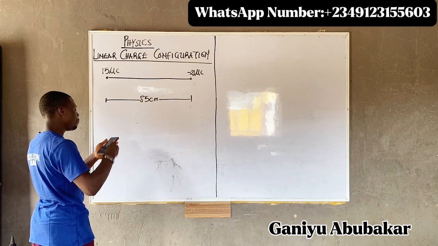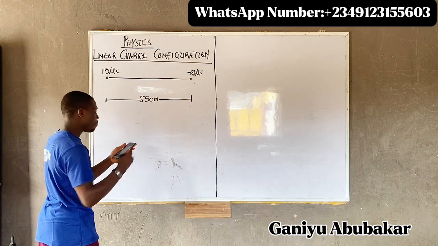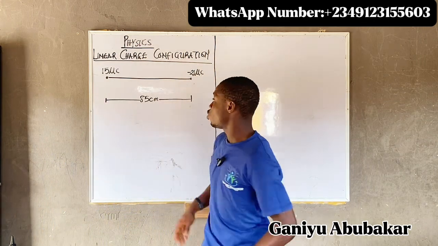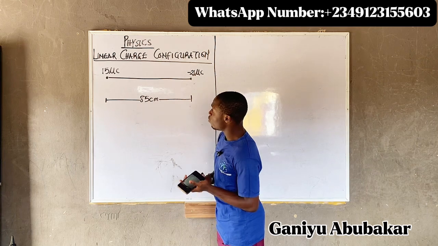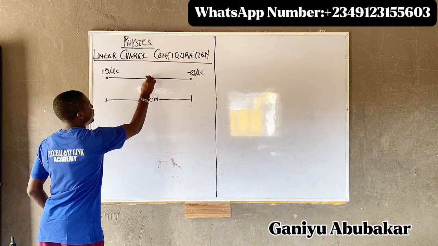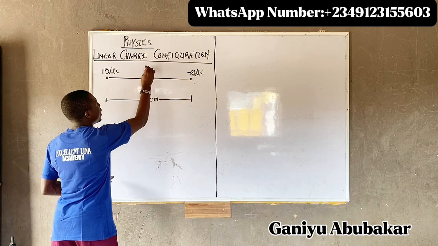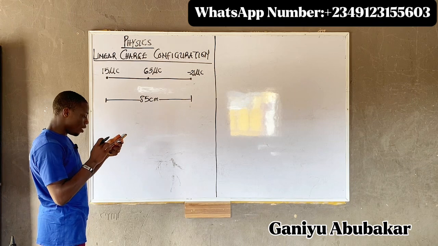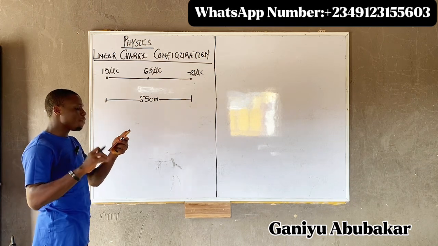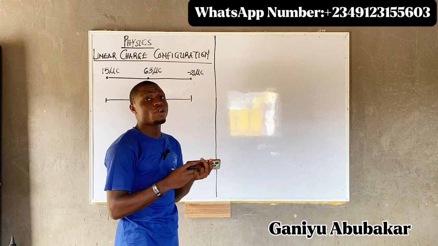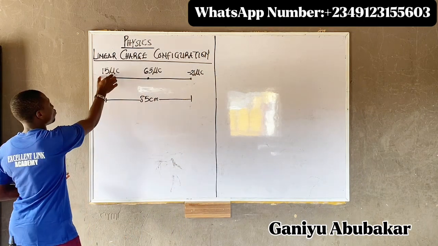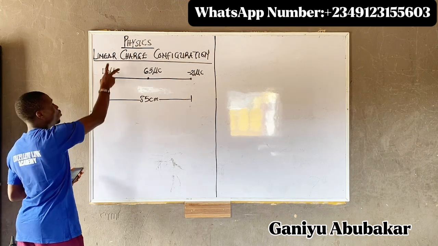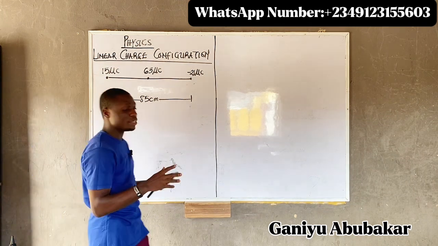Next, it says a third charge of 65 microcoulomb is placed midway. If I say midway, that's like the center. So the center here has a charge of 65 microcoulomb. Proceeding from there, it says find the resultant force on the 15 microcoulomb charge. So I'm asked to find the resultant force on the 15 microcoulomb charge.